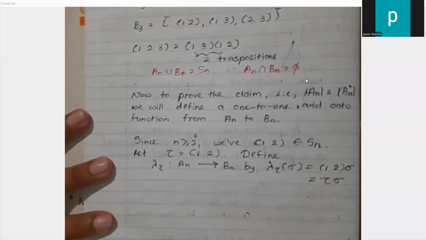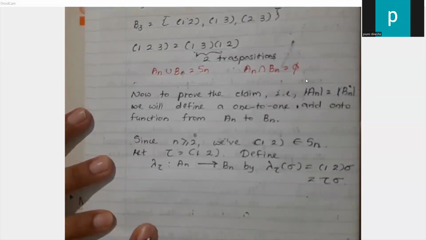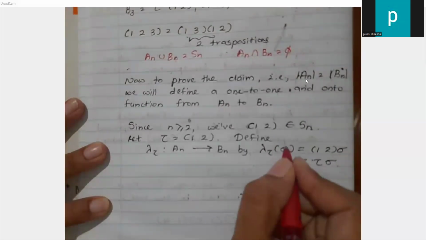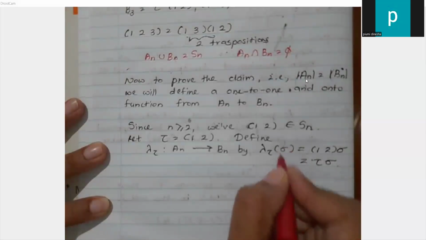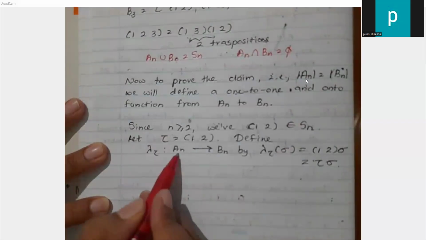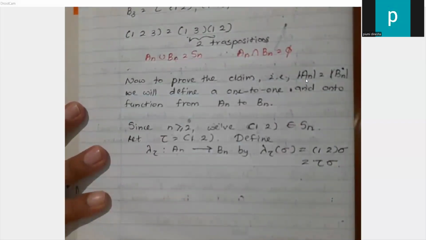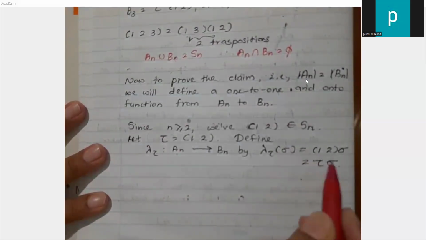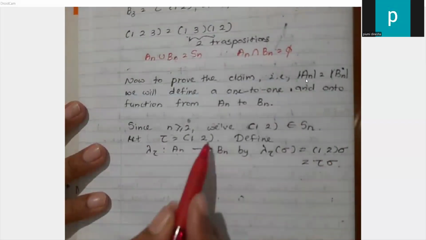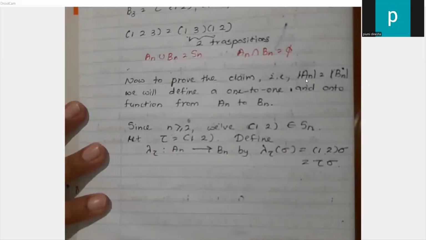Right, now observe that this is a well-defined function. Well-definedness and one-to-one we will prove using an if and only if statement. But observe that we take an even permutation. This is an even permutation because it's taken from An. What does it mean? When you take its representation as a product of transpositions, you have an even number of transpositions. You take that and you map it to tau times sigma. Tau is a transposition, which is this fixed transposition (1 2), right?